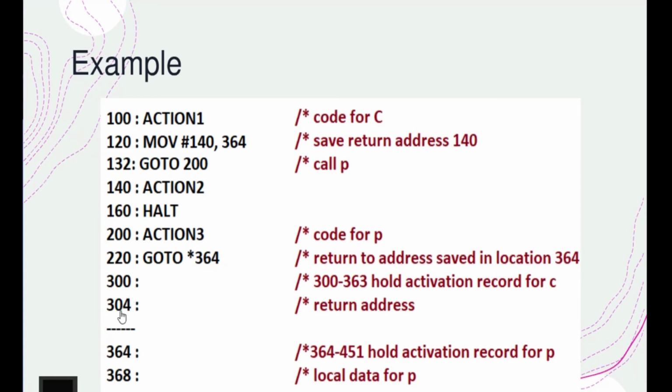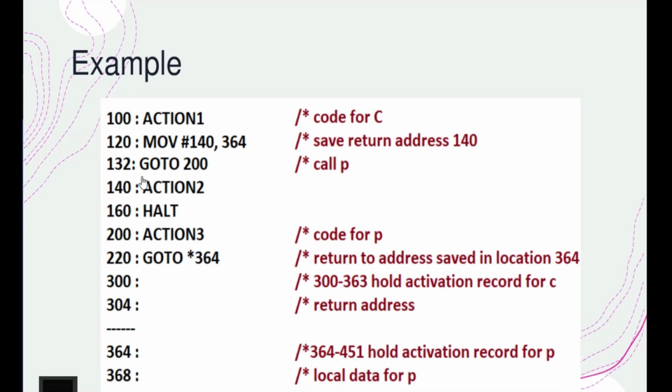And 300 to 363 holds the activation record for this particular code, and 304 will contain the final statement for this code, so this contains the return address. And from 364 to the rest of the code also holds the activation record for some procedure, and 368 will contain the local data for P. What is to be concentrated on in this static allocation is two kinds of instruction.